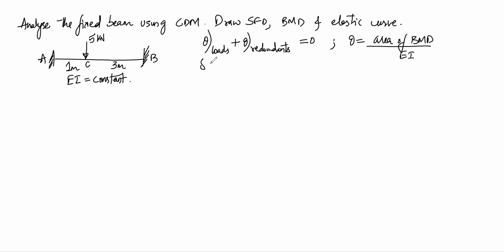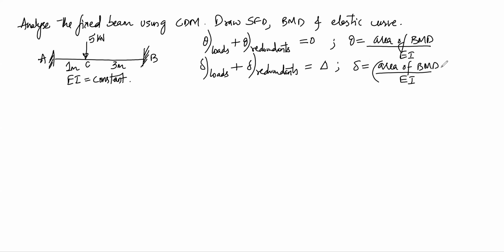And the other compatibility equation is deflection due to loads plus deflection due to redundants is equal to total settlement of supports, and deflection is written as area of BMD divided by EI multiplied by centroidal distance.